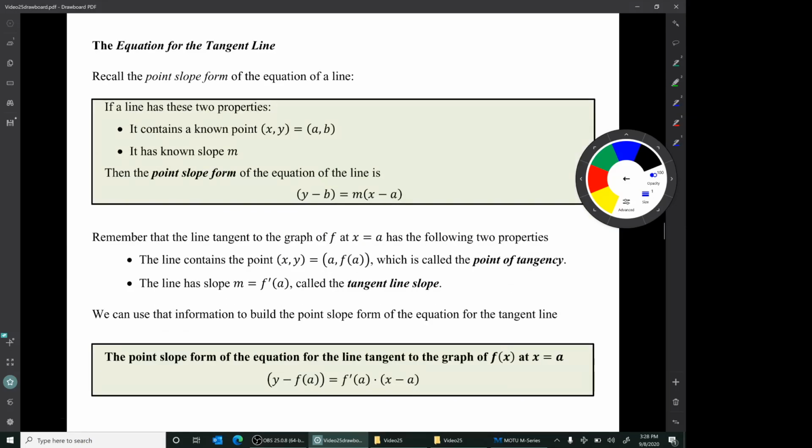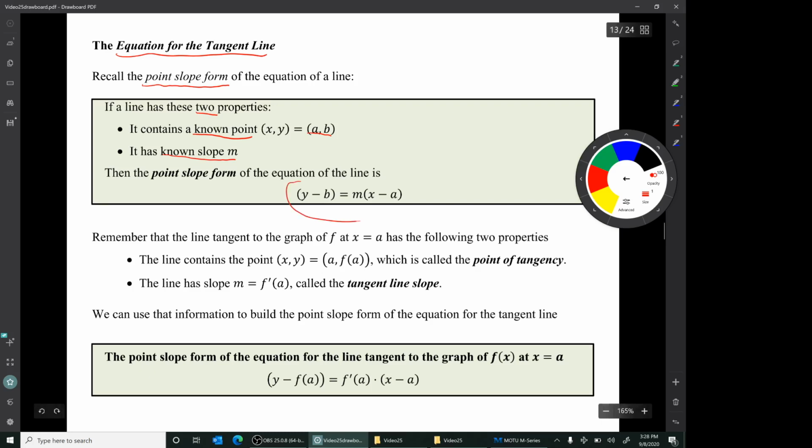Now I want to talk about the equation for the tangent line. Remember that the point-slope form of the equation of a line is useful. If you have a line that has these two properties, contains a known point, whose coordinates are (a, b), and has a known slope, m, then it's easy to get the equation of the line.